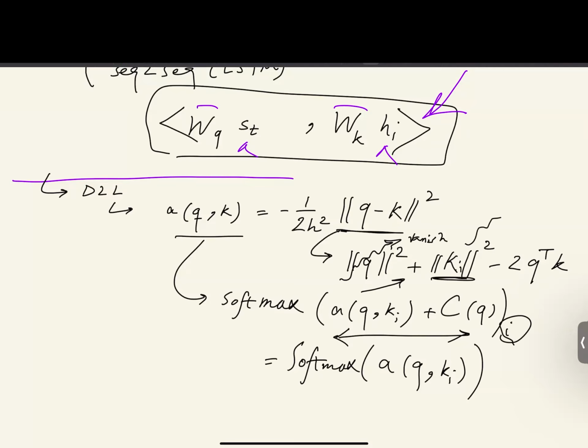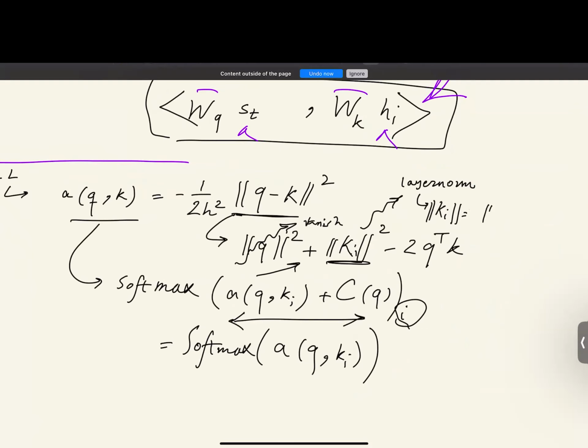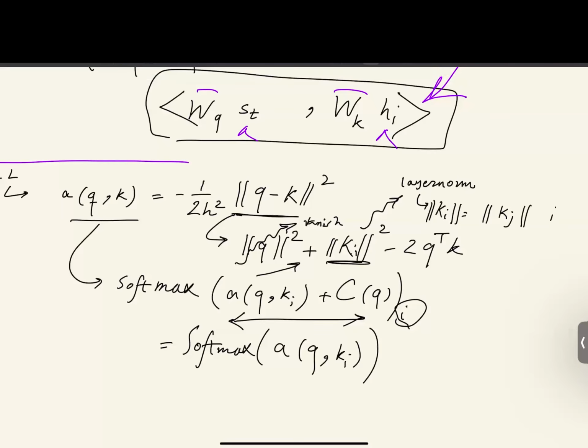But in attention, we do this layer norm, which normalizes all of these features, meaning they all have the same norm. So kᵢ has the same norm as kⱼ when i and j are not the same, because that's how we adjust them.